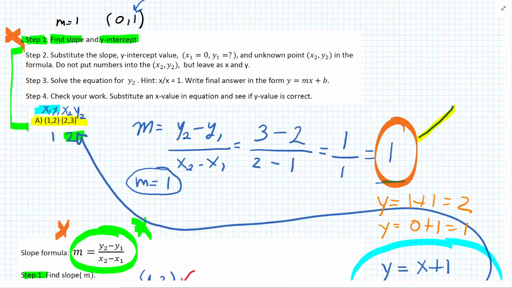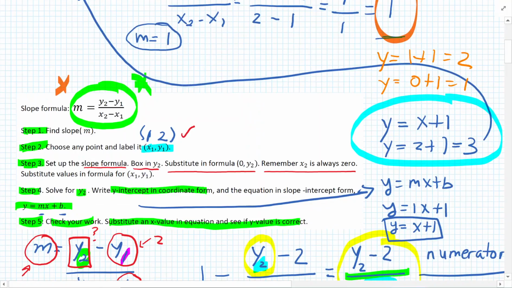Now, we were given the slope-intercept form of the equation. That's this right here. Let me draw your attention to it with a big star. This is a helpful equation to memorize. This is also important to memorize: the slope formula.